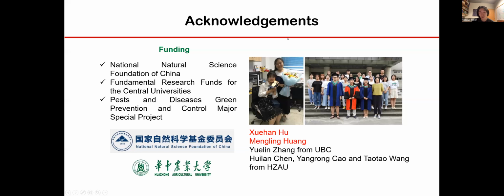This person asks how large the sample size was in this ROS assay. In our experiments, we usually use 20 to 30 samples to measure the ROS burst.